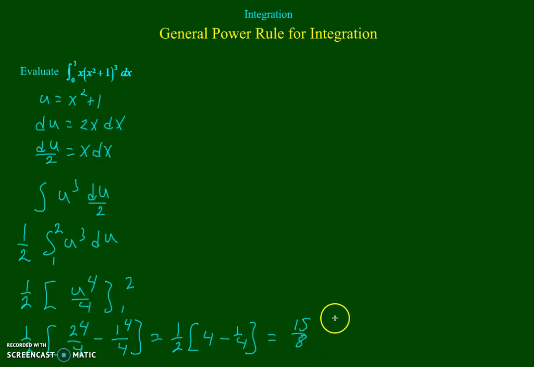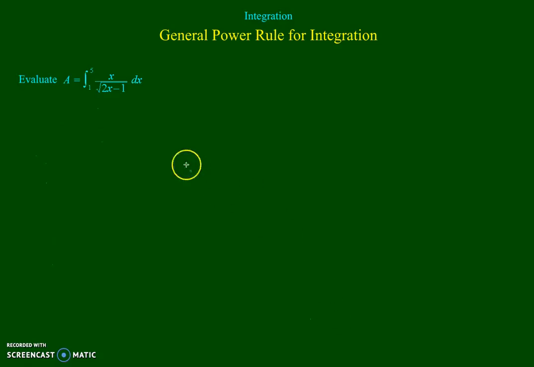All right, so let's move on to the next problem. For this problem, we're going to have to go ahead and rewrite that denominator to put it in a form we can work with. So area equals the integral from 1 to 5 of x times 2x minus 1 to the negative 1/2 dx.